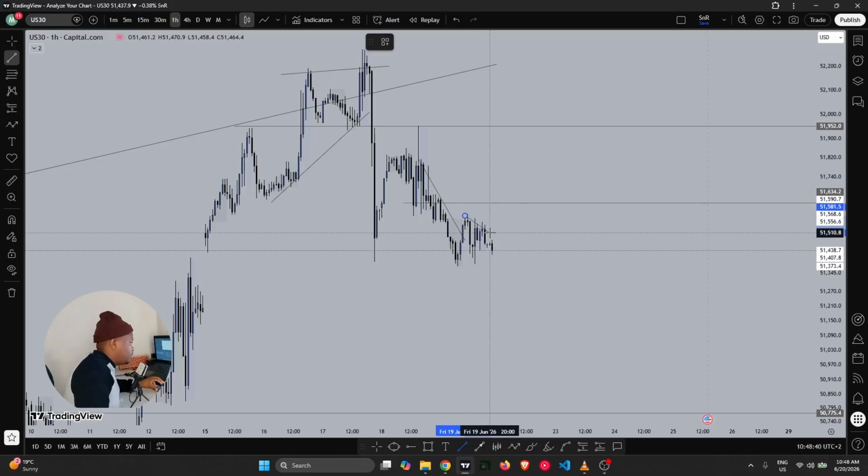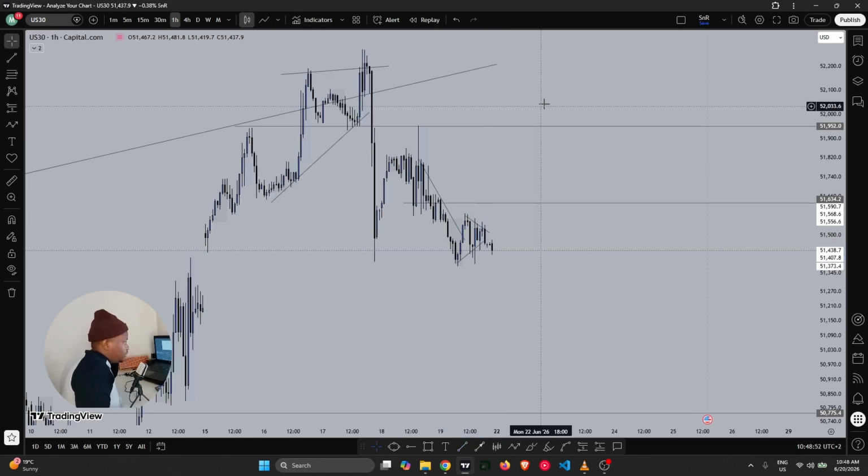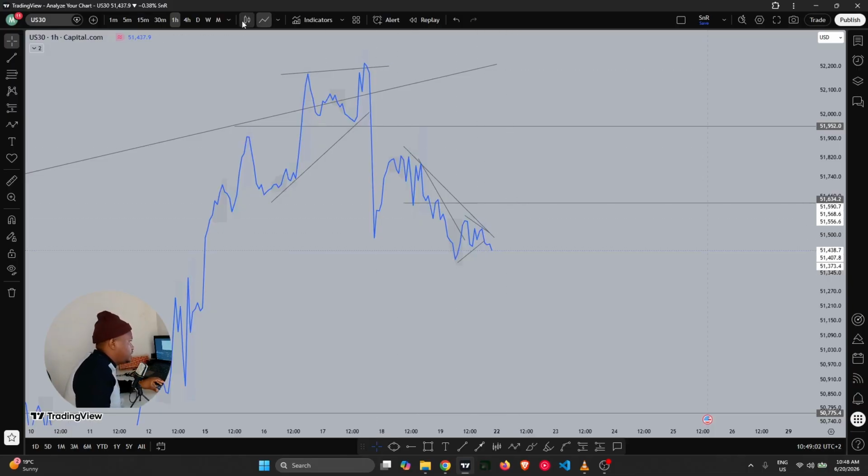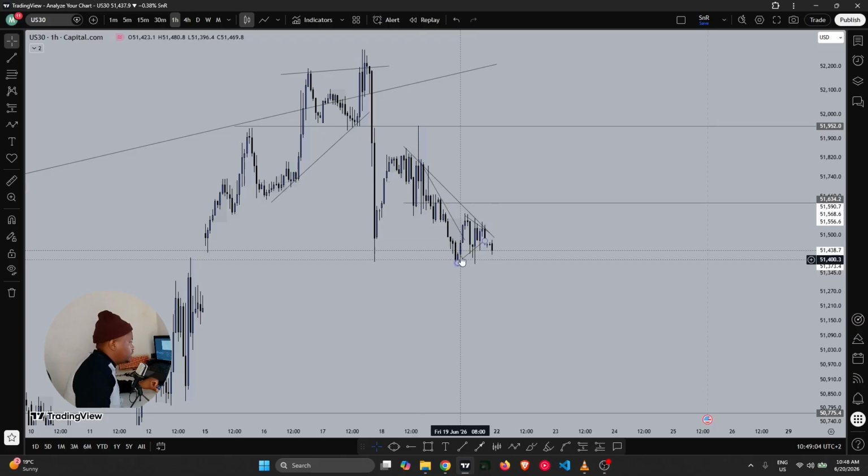And also you have this on the charts. You have this on the charts, and already on US30, as you can see now, it's telling a different story. Remember that trend line we drew on the 4 hour, something like this. All right, so this pattern here is telling a different story.